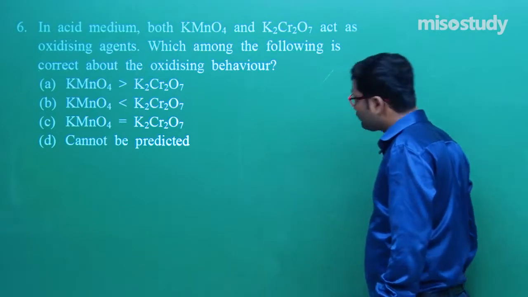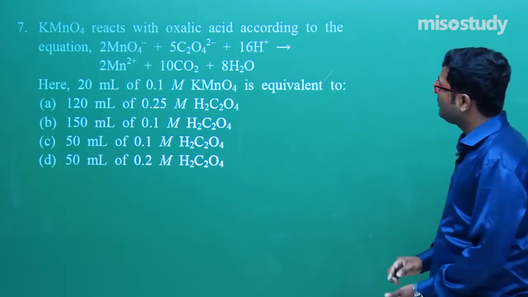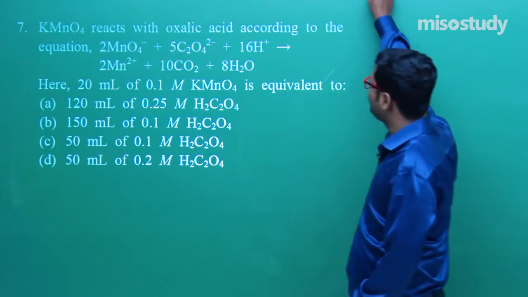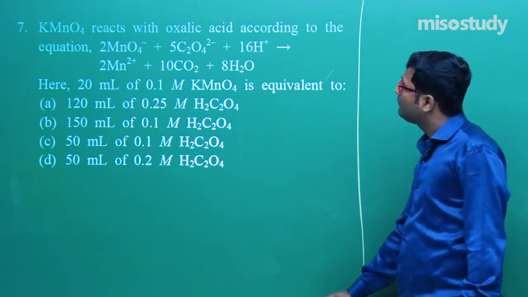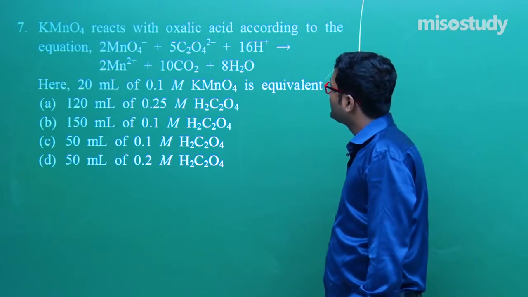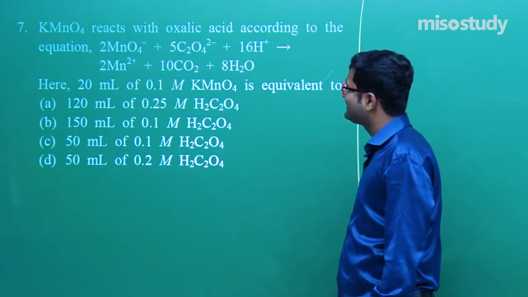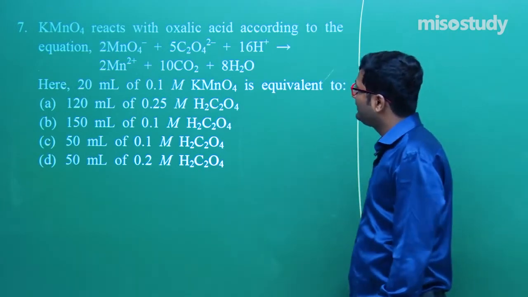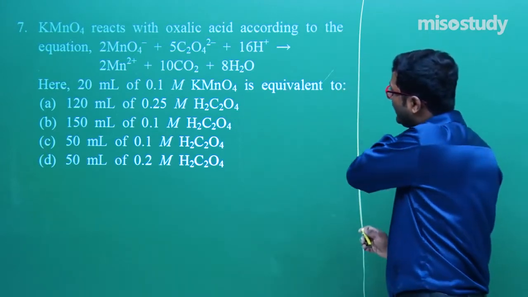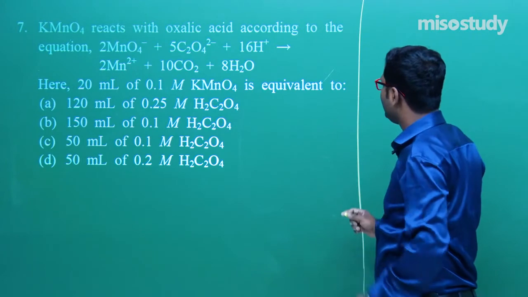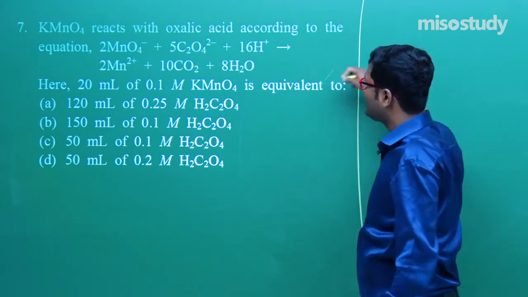Now let's move to the next question. KMnO4 reacts with oxalic acid according to the equation 2MnO4 minus plus 5C2O4 2 minus plus 16H plus gives 2Mn2 plus 10CO2 plus 8H2O. Here 20 ml of 0.1 molar KMnO4 is equivalent to... Complete neutralization takes place.